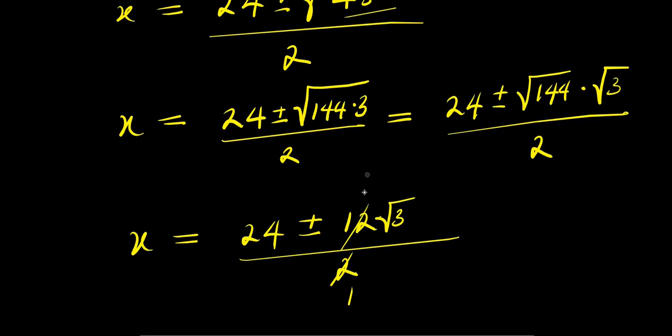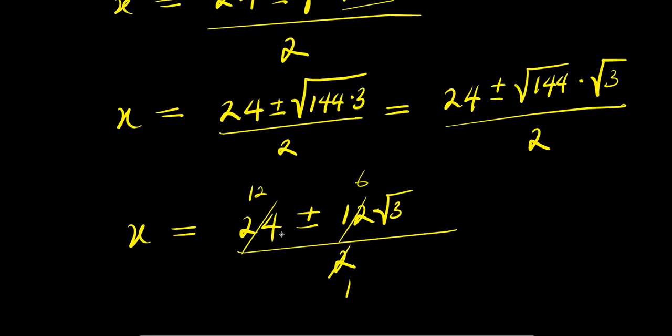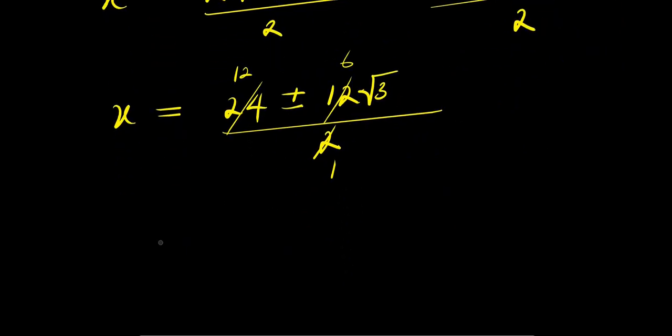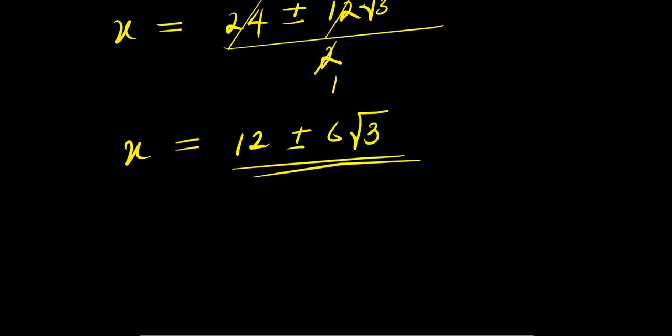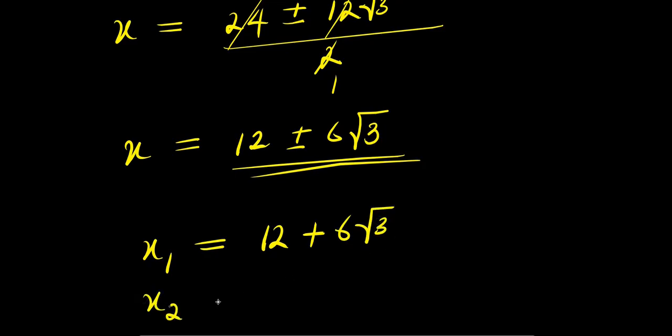This cancels 1, this cancels 6, this cancels 12. So from here, we have x equals 12 plus or minus 6 root 3. So we have two values for x. x1 equals 12 plus 6 root 3, and our x2 equals 12 minus 6 root 3.